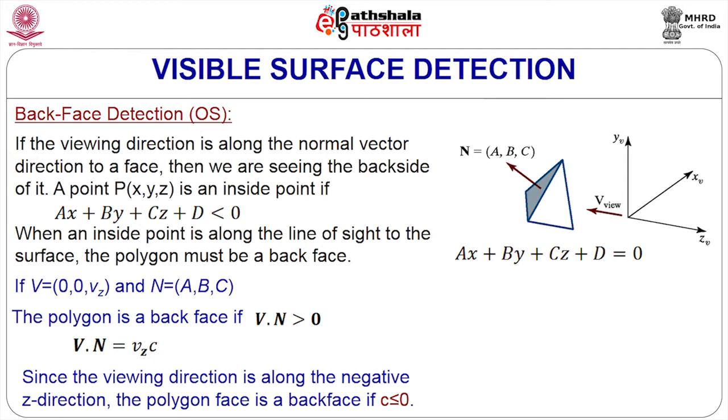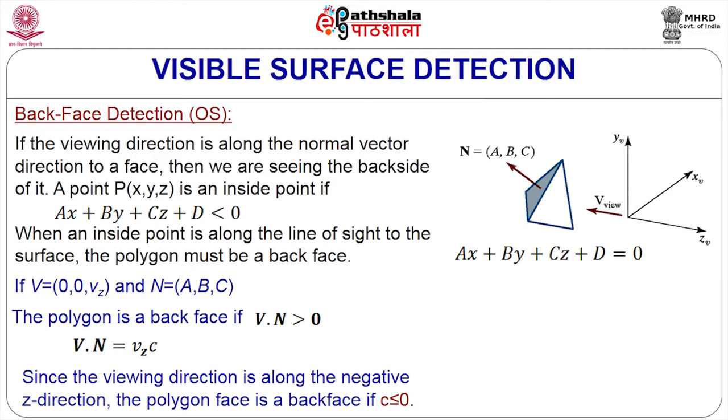This inside and outside should be understood carefully. A point is an inside point if it satisfies the condition Ax plus By plus Cz plus D less than 0. If it is equal to 0, it is the equation that defines the plane, and less than 0 is an inside point. You can also include the z coordinate in the point.